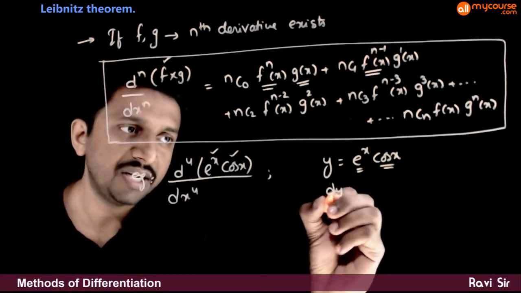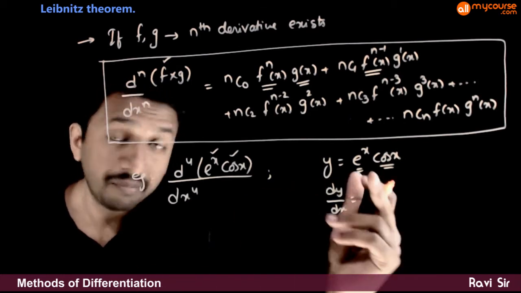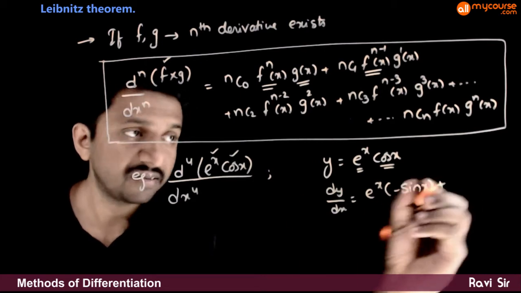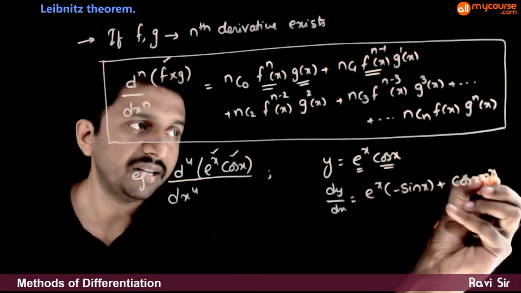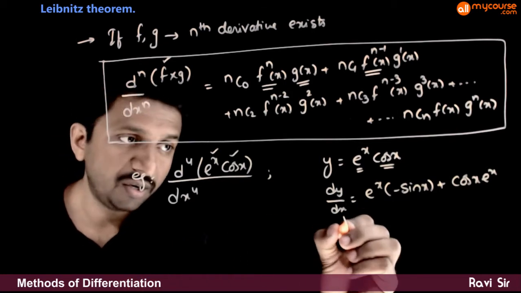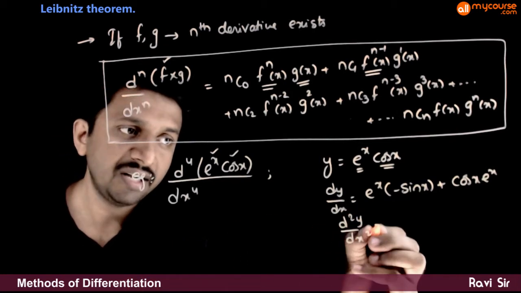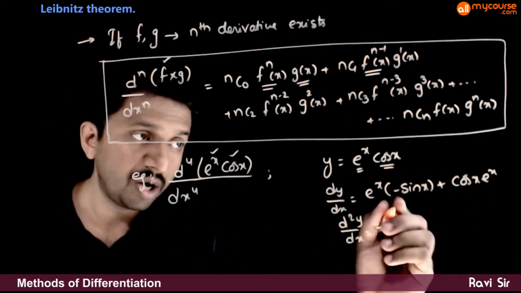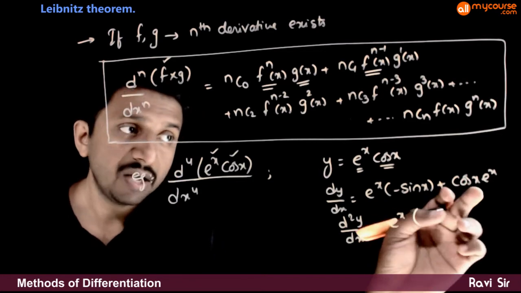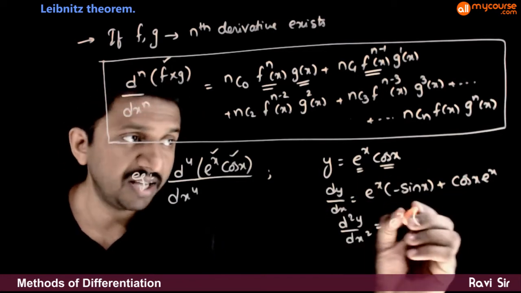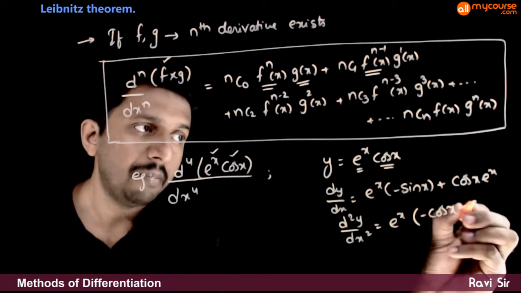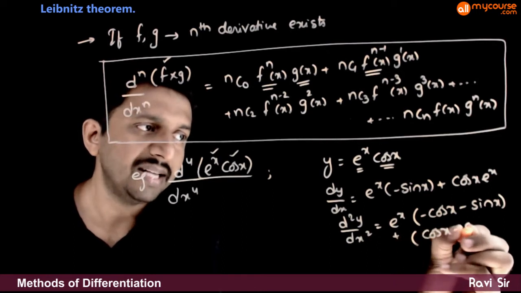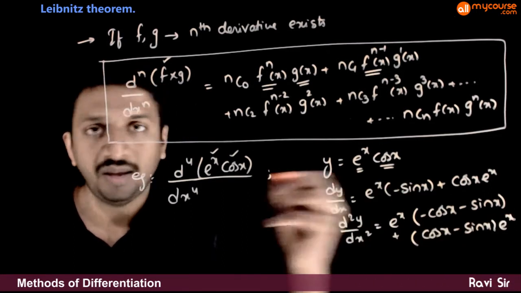First we differentiate it once: dy by dx is equal to, by product rule, e^x into minus sin x plus cos x times e^x. Next, for the second order, d^2y by dx^2, we can take e^x as common: e^x times (minus cos x minus sin x plus cos x minus sin x).